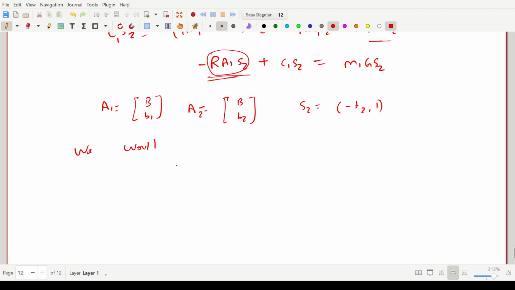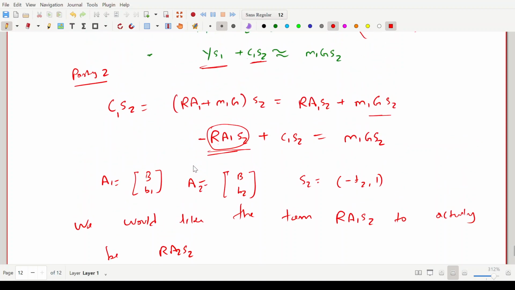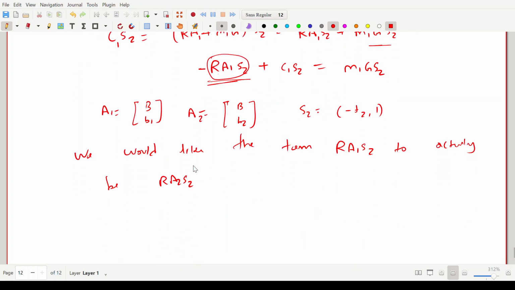We would like the term RE1S2 to actually be RE2S2. Why do I want this? If I have RE2S2, then I can easily combine it with the second thing.